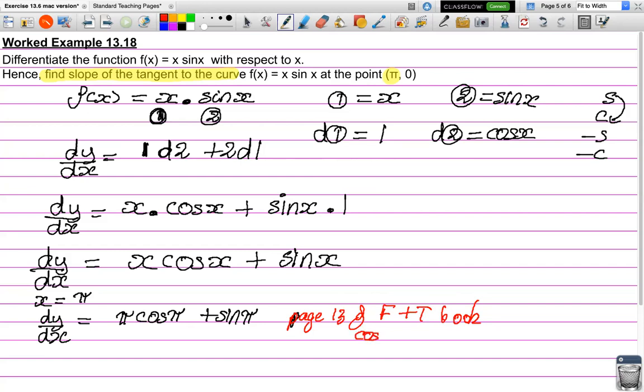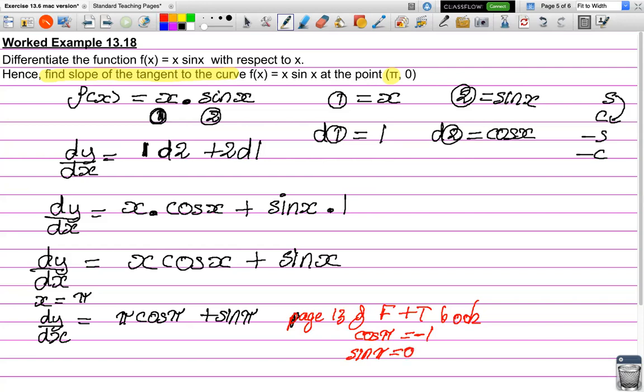And when I look it up on that page, it tells me cos of pi is equal to -1. And now I'm looking up sine of pi. And on that page, it tells me that the sine of pi is equal to 0.